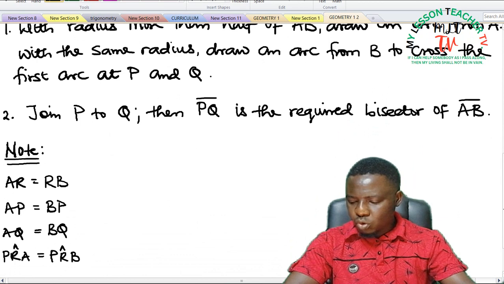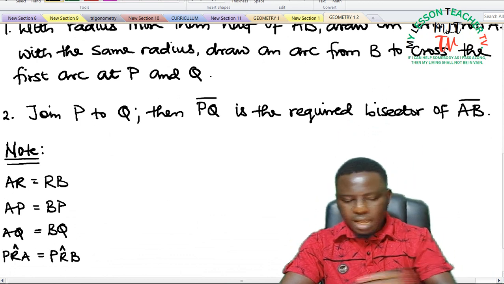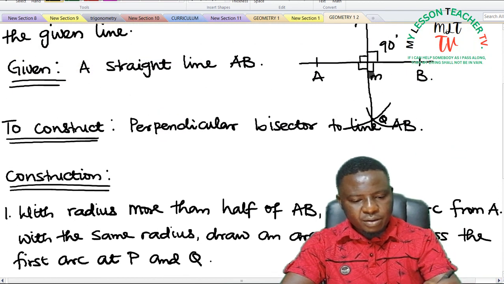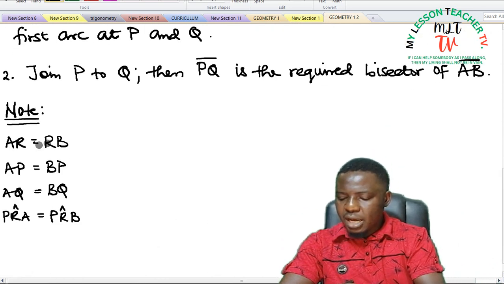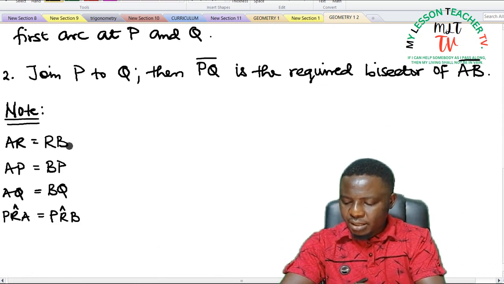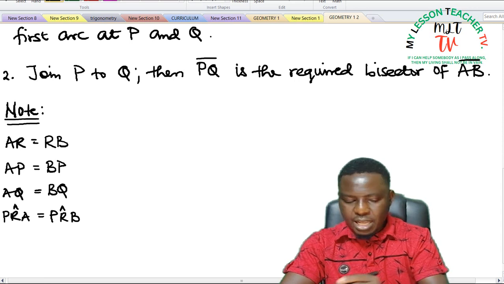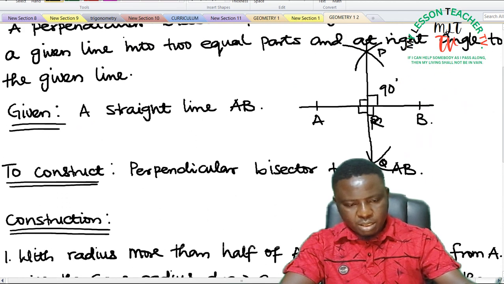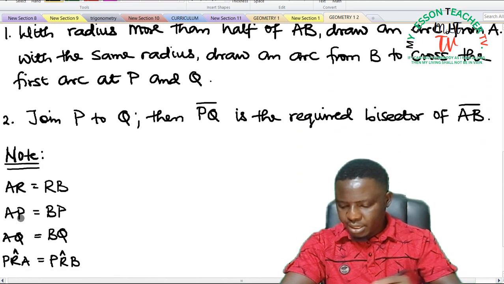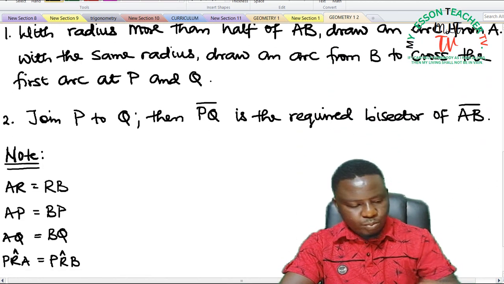So I say that, note that, I use the middle part as R. So if this is R, note that AR is equal to BR, and AP is equal to BP.